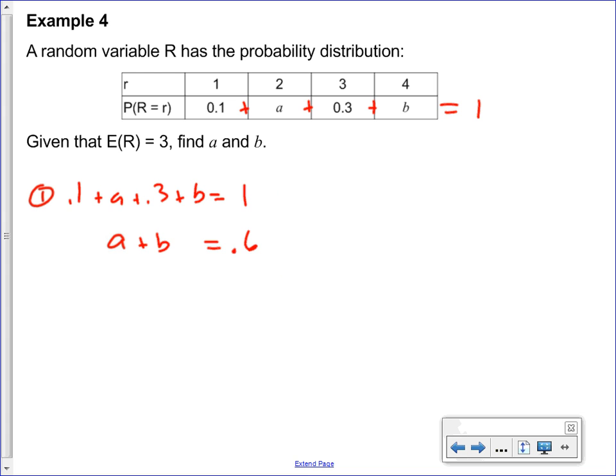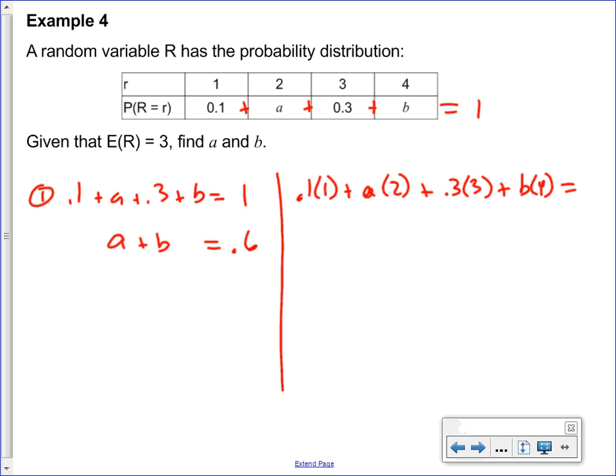The second part is from the expected value. I know we did 1/4, 1/4, 1/4, but that was the probability last time. For these ones, it's not as clear, but this is what you multiply by. So 0.1 times 1 plus A times 2 plus 0.3 times 3 plus B times 4 is equal to your expected value, which is 3.